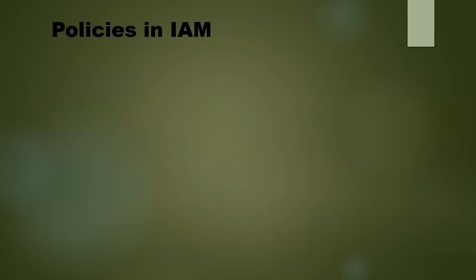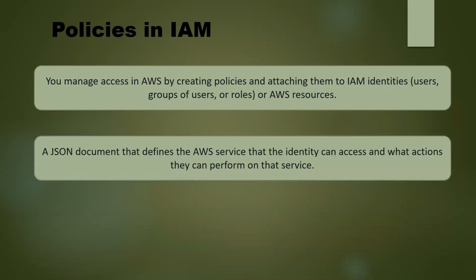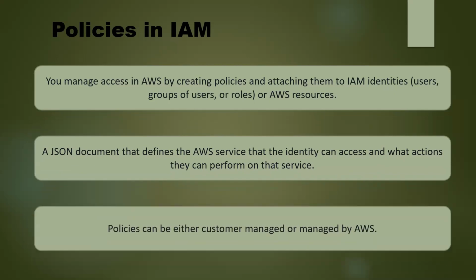Let's now look at how you assign permissions, which is where policies come into the picture. A policy is just a JSON document which defines the permissions for IAM identities, which can be a group, user, or a role. It defines both the service an identity can access and what actions it can perform on the service.